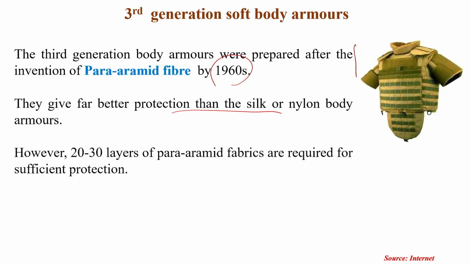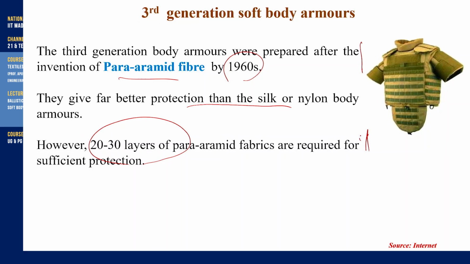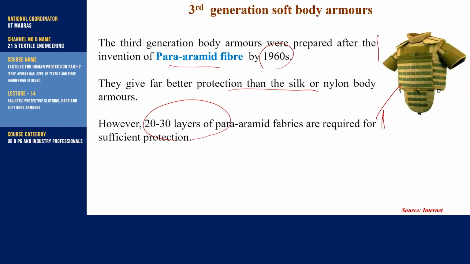However, for this type of para-aramid we need 20 to 30 layers of para-aramid fabrics for giving the required protection, and that makes the total structure inflexible and heavy.